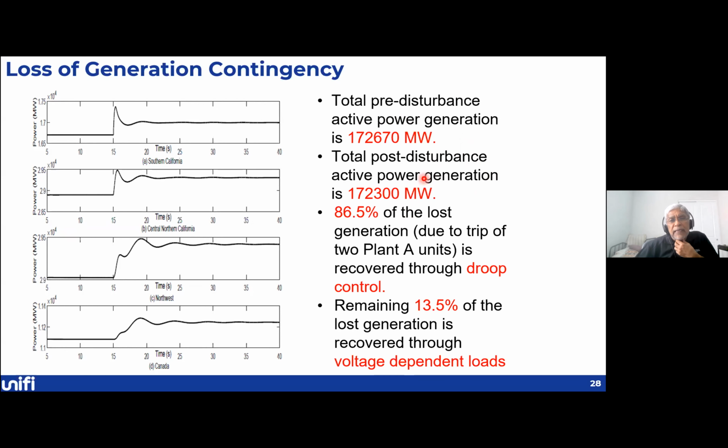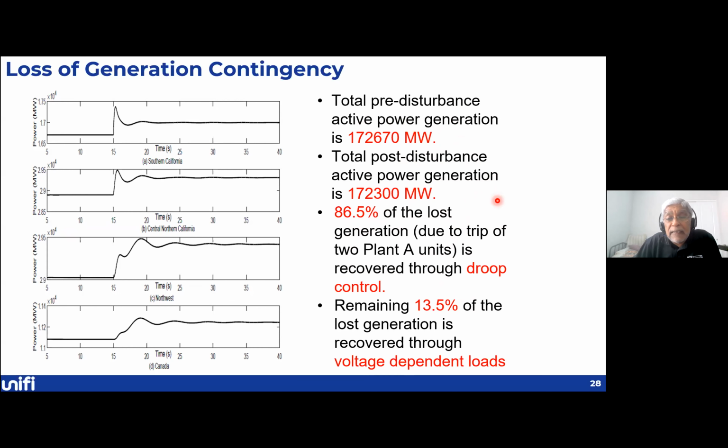So when we do the careful analysis, 86.5% of the lost generation due to the loss of those 2 units is recovered through droop control. Then, because you notice there was a slight drop in voltage, the remaining 13.5% of the lost generation is recovered through voltage dependent loads.